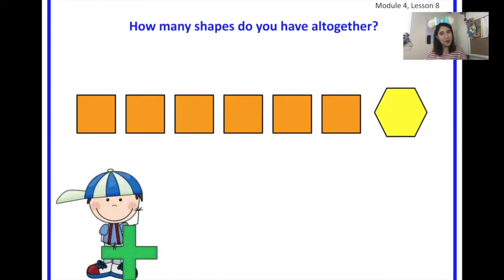Oh, you do remember a hexagon. Very nice. So we have 6 squares and 1 hexagon. How many altogether? 7. Very good. We have 7 shapes all together. 6 squares and 1 hexagon makes 7 shapes.